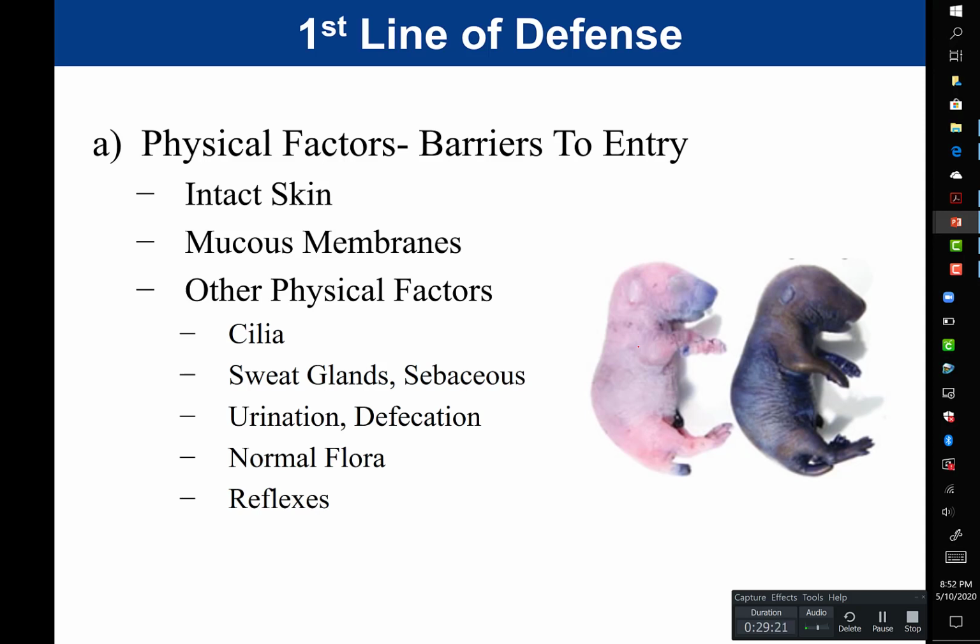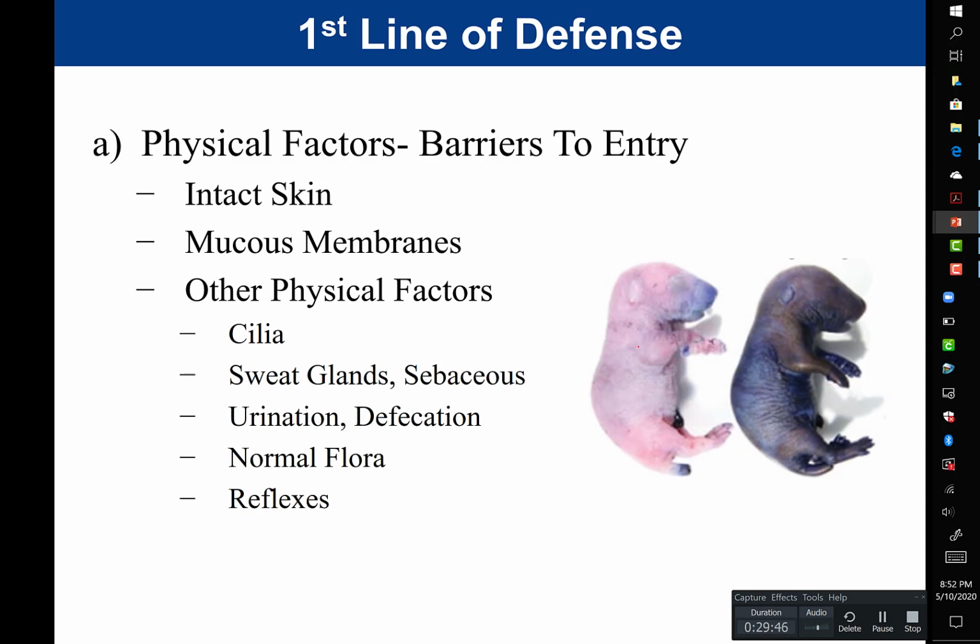And so that tells us that there is a problem with skin development in that mouse, and that the skin is not functioning as an appropriate barrier. It's not blocking entry of things from getting into the body. And so intact skin is a really good physical factor in terms of acting as a barrier to entry, blocking things from getting in.